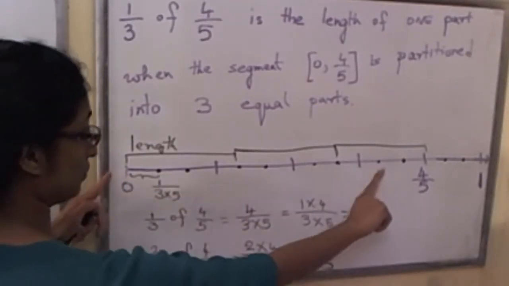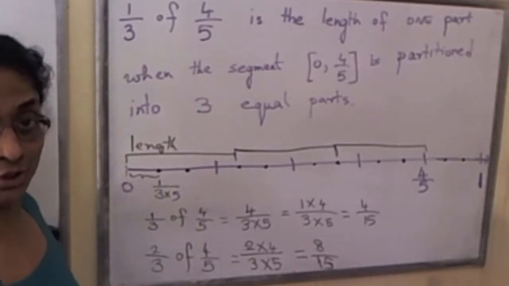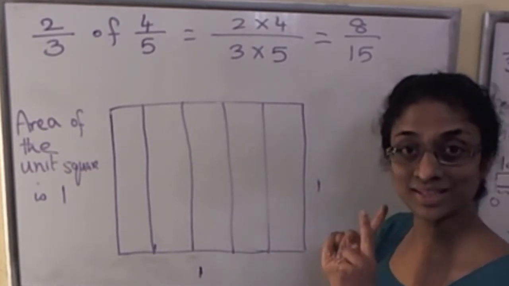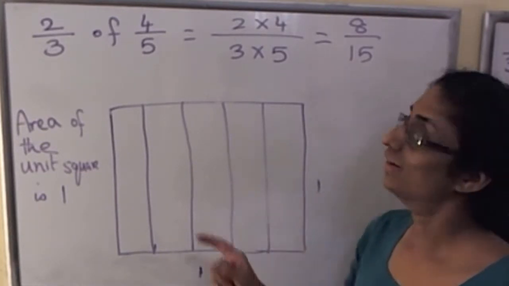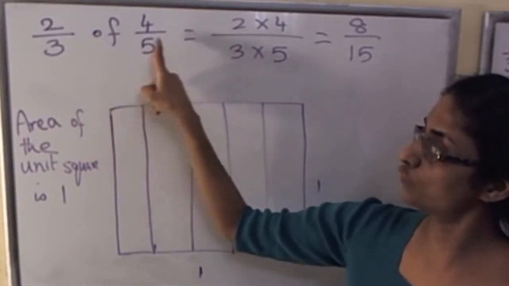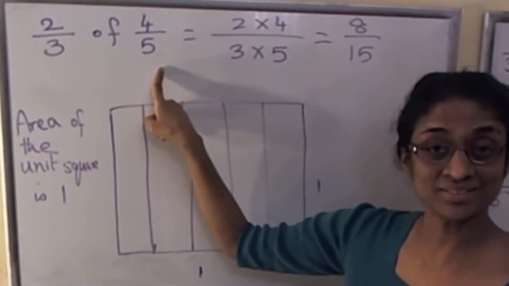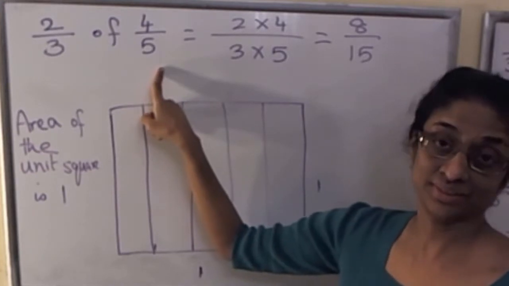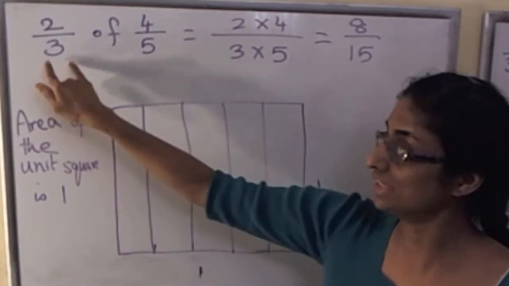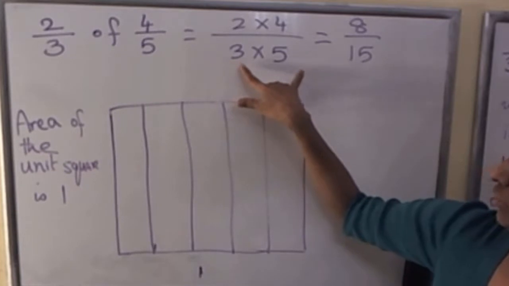So here we have looked at 2/3 of 4/5 using the number line, and let's now look at it using the area model. On the number line, recall that the unit segment is of length 1, and using the definition of 2/3 of 4/5 as the length of two concatenated parts, when the segment from 0 to 4/5 is divided into 3 equal parts, we arrived at this expression.